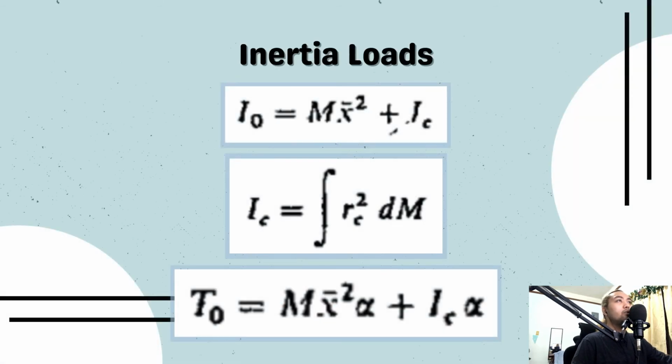Lastly, by substituting the value of I sub O from the I sub O equation in the inertia torque equation, we get the following expression for the inertia torque, which is T sub O equals m x squared a plus I sub c multiplied by a. That's about it for my part.